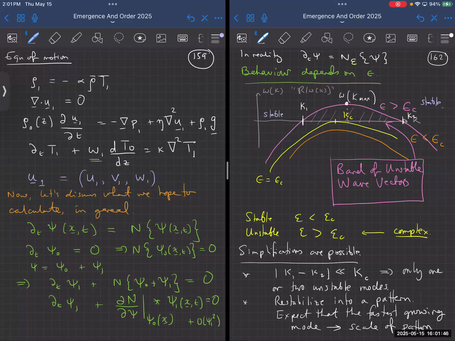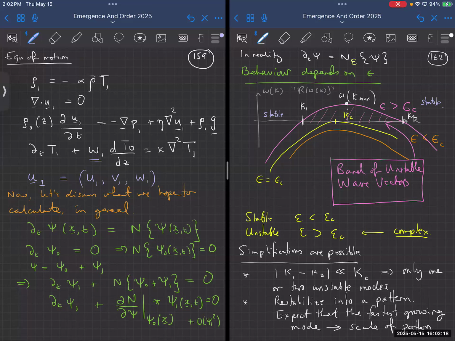In this particular case, we know that the control parameter is likely to be the temperature difference between the hot and the cold plates. And we saw that there are different cases that I've shown over here on the right-hand panel. One case where omega has a negative real part, the other where it is marginal, where it just touches the axis, and then the case where the real part of omega is positive within a band of wave vectors k1 to k2.